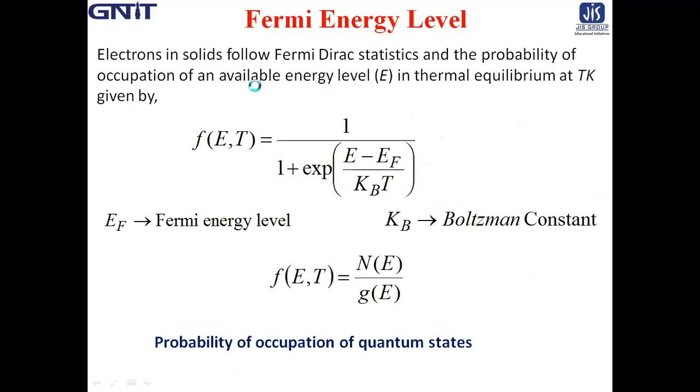Actually, the name Fermi comes from two famous scientists: one is Enrico Fermi and the other is Paul A. M. Dirac. Fermi and Dirac investigated the statistical behavior of electrons that occupy different allowed energy levels.